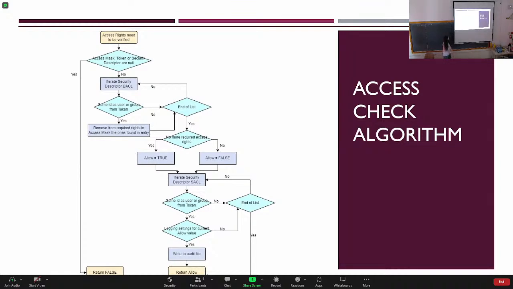In the end, we determine if the user is allowed or not to perform that operation, and based on that, we iterate through the system access control list and see if we need to log the information or not.